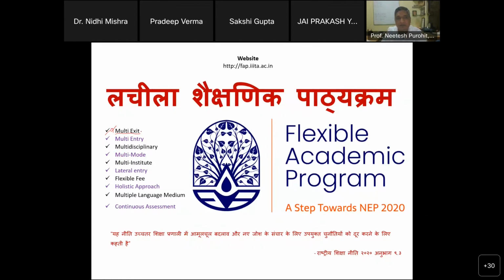And whenever we are saying that multi-exit option is to be given, it automatically states that multi-entry should also be enabled. That is, if someone has enrolled in, suppose, the BTech course, it's a 4-year course. For some reason, if someone is leaving after 1 year, 2 year, or 3 year, somehow you enabled it.